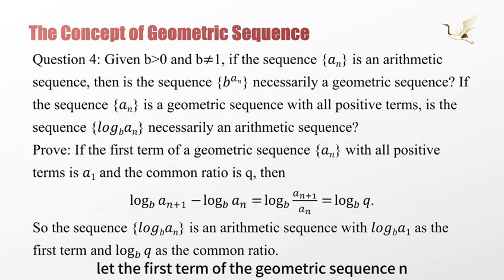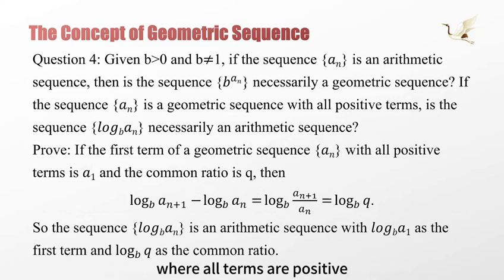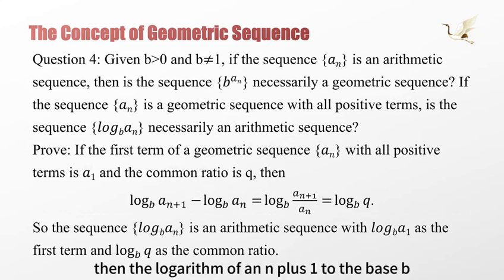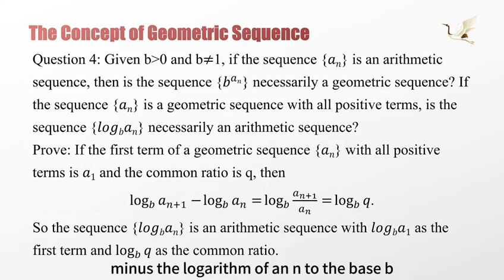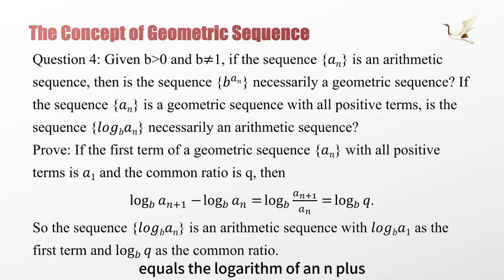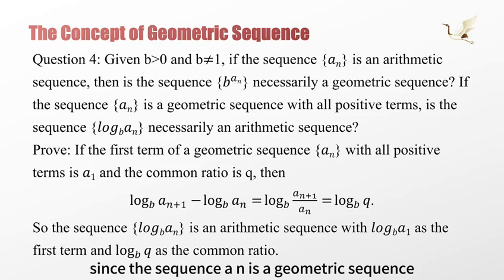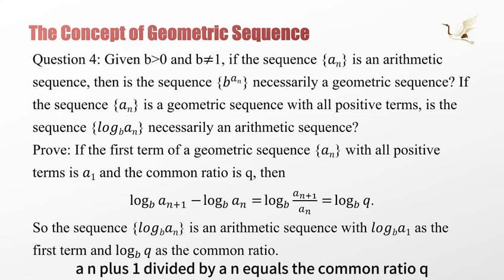Similarly, let the first term of the geometric sequence a n, where all terms are positive, be a 1, and the common ratio be q. Then, the logarithm of a n plus 1 to the base b minus the logarithm of a n to the base b equals the logarithm of a n plus 1 over a n to the base b. Since the sequence a n is a geometric sequence, a n plus 1 divided by a n equals the common ratio q.